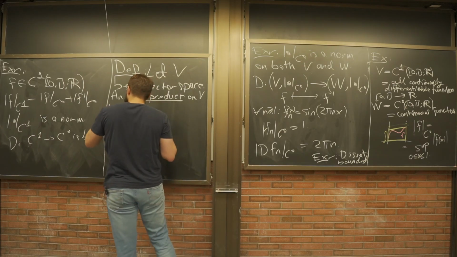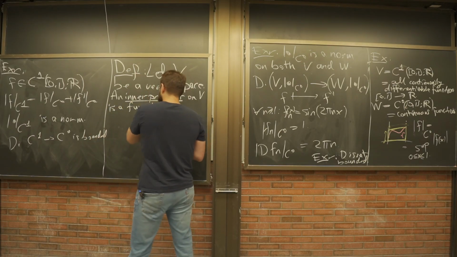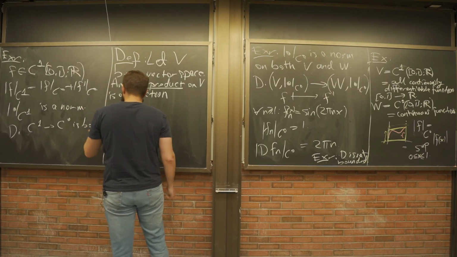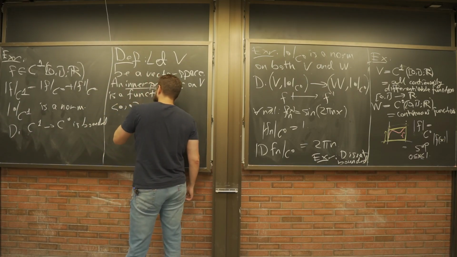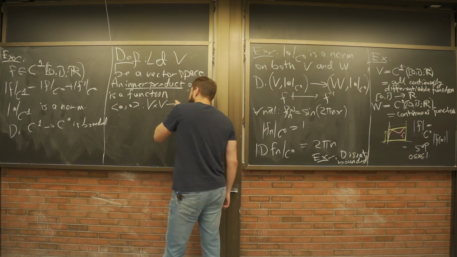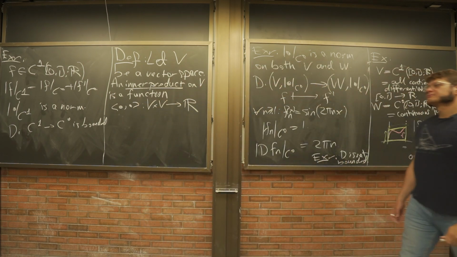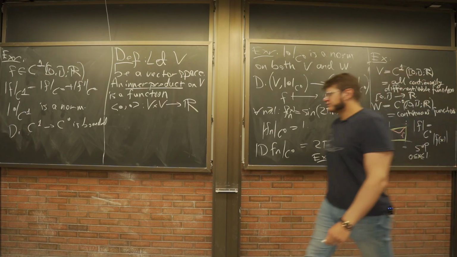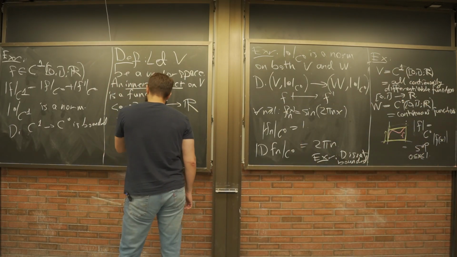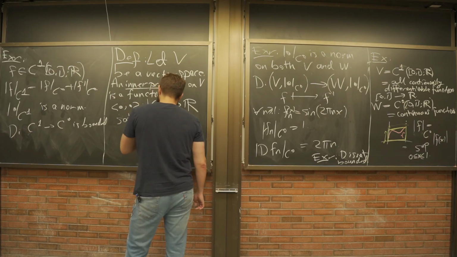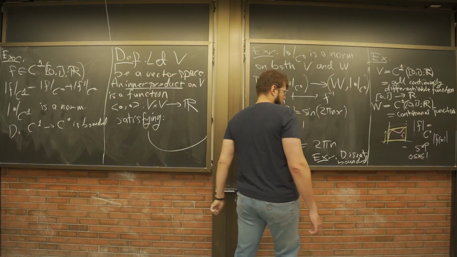It is a function, going to denote it like this, that takes two vectors and gives back one number, satisfying certain axioms.